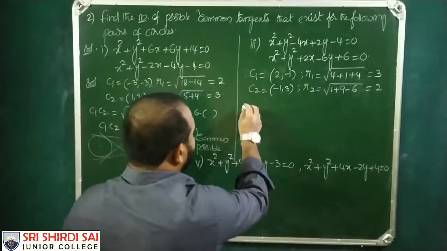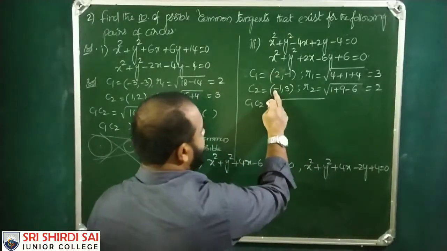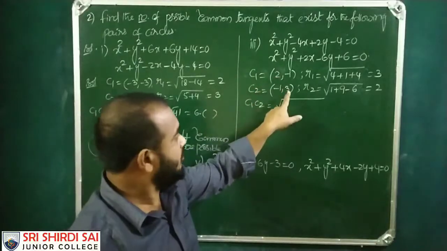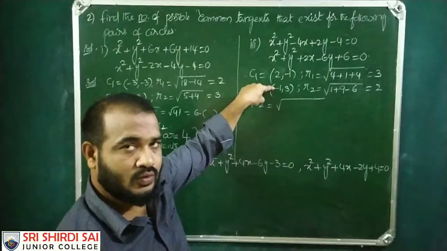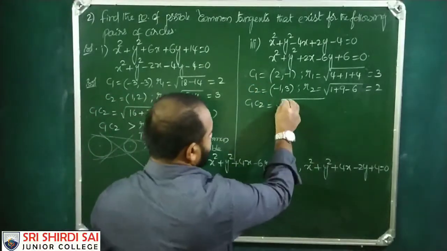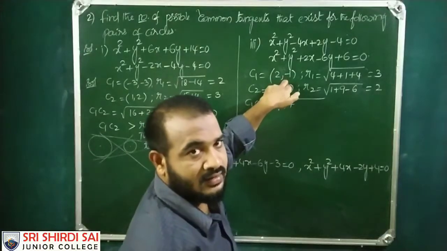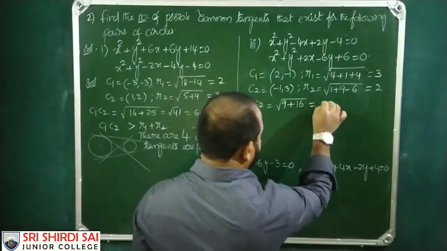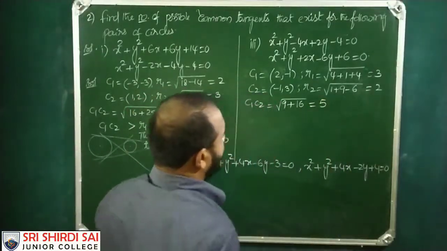Here C1C2 is equal to the square root of (x2 - x1) whole square plus (y2 - y1) whole square. So (-1 - 2) whole square, 9, plus (3 + 1) whole square, 16, which is equal to root 25, which is 5.